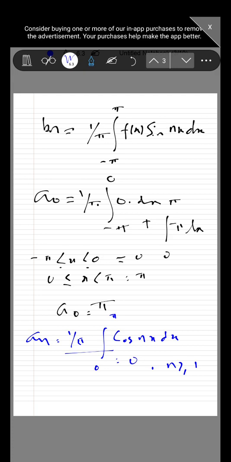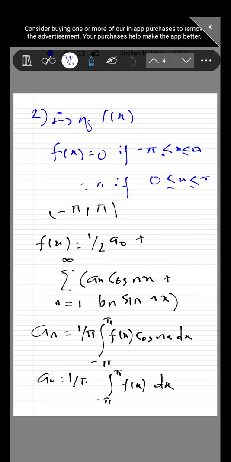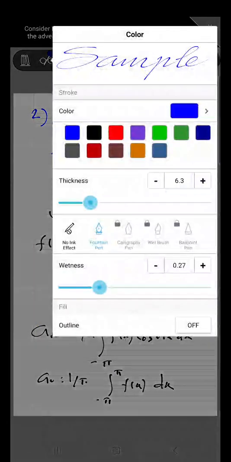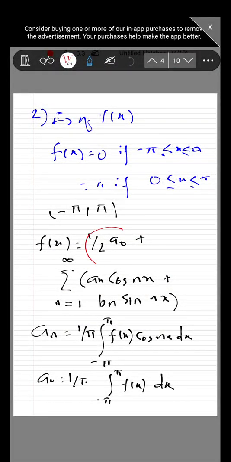So the a_n part is equal to 0, a0 is equal to pi. So the first term is pi/2, and this part is equal to 0, it totally vanishes.